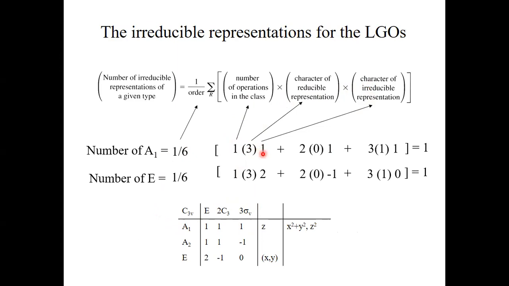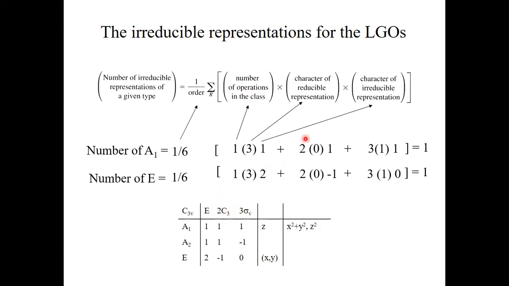So now we have to add to this term the term for the next symmetry operation, and that's the C3 symmetry operations. So we have now 2 to consider. So what is the number of operations in the class now? In this case, it is now 2, because we have 2 C3 symmetry operations to consider. That's the C3^1 and the C3^2.